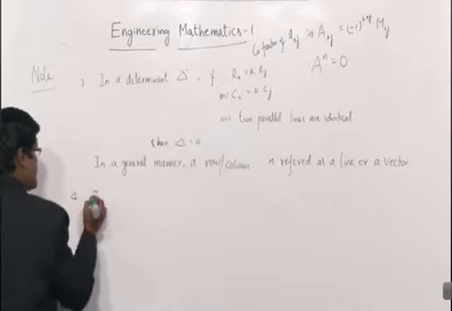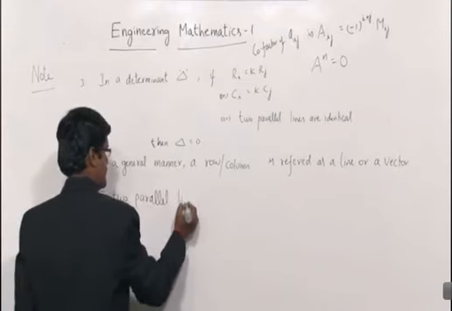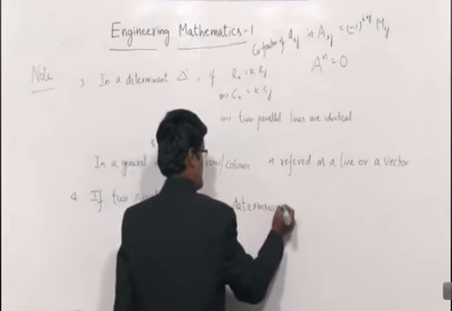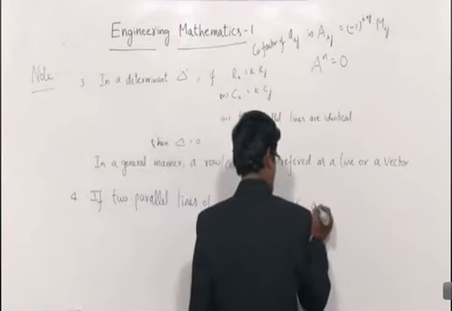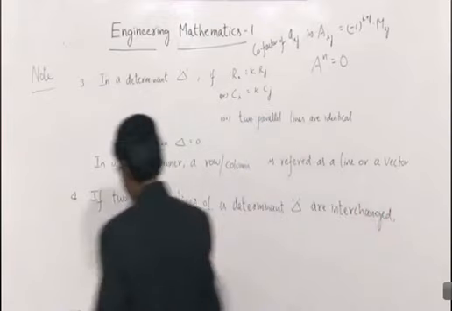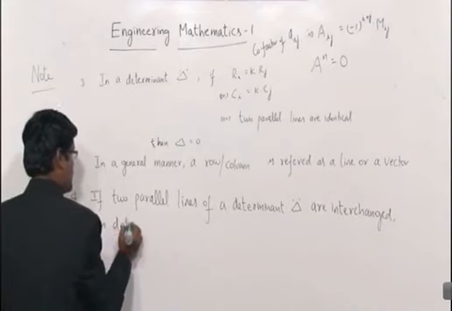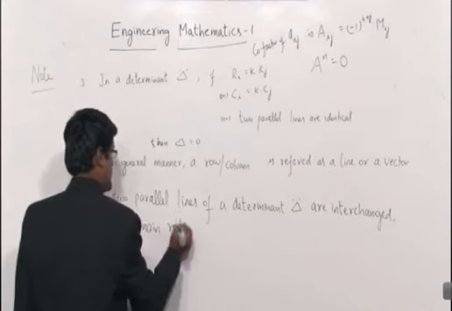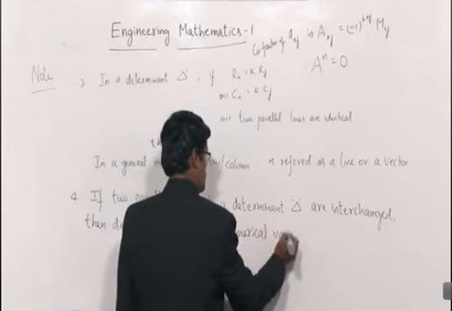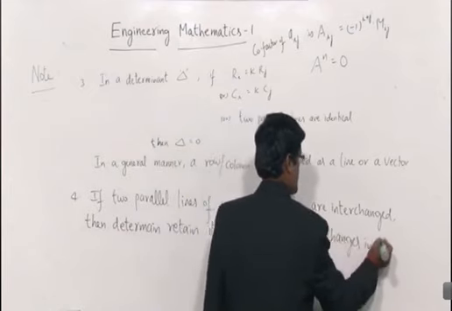Next property is, if two parallel lines of a determinant, say delta, are interchanged, then the determinant retains its numerical value but changes in sign.